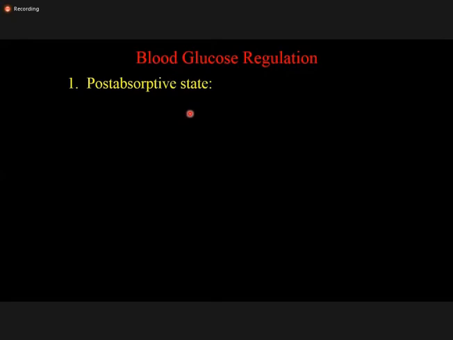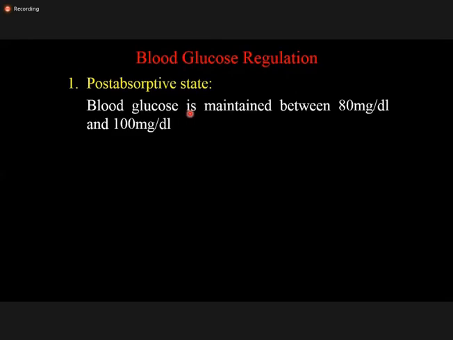In the post-absorptive state, that is, approximately 2 to 4 hours after taking a diet, the blood glucose concentration is maintained between 80 and 100 milligrams per dl.